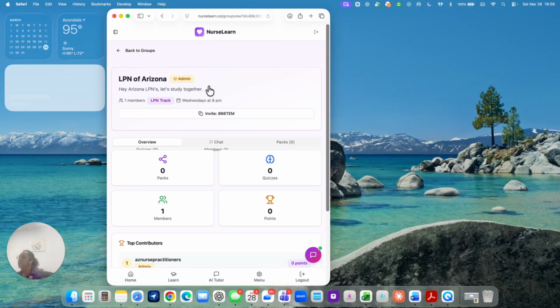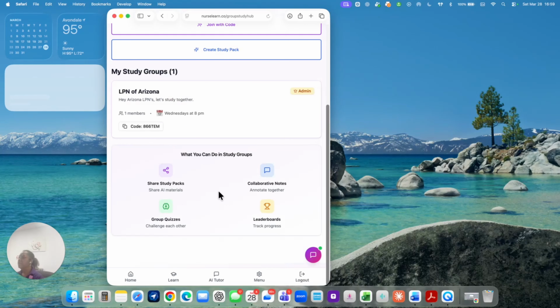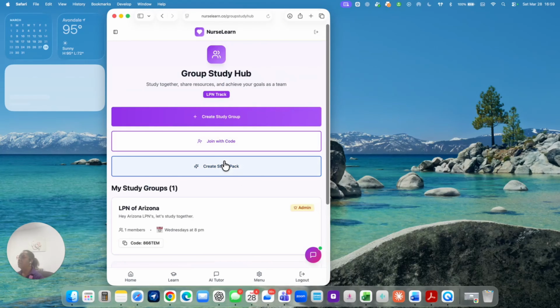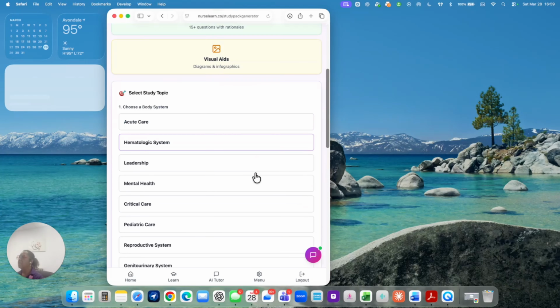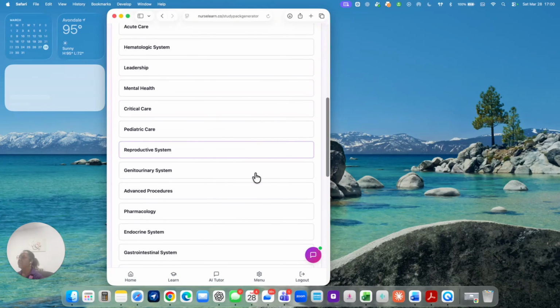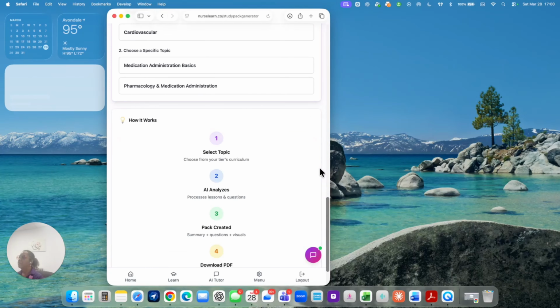Oops, I didn't mean to do that. But you can share study packs, group quizzes, challenge each other, and share notes. I'll go to leaderboards. Have you ever heard of a study pack? This one's not as pretty as I like it, but it's decent. Let's click pharmacology.